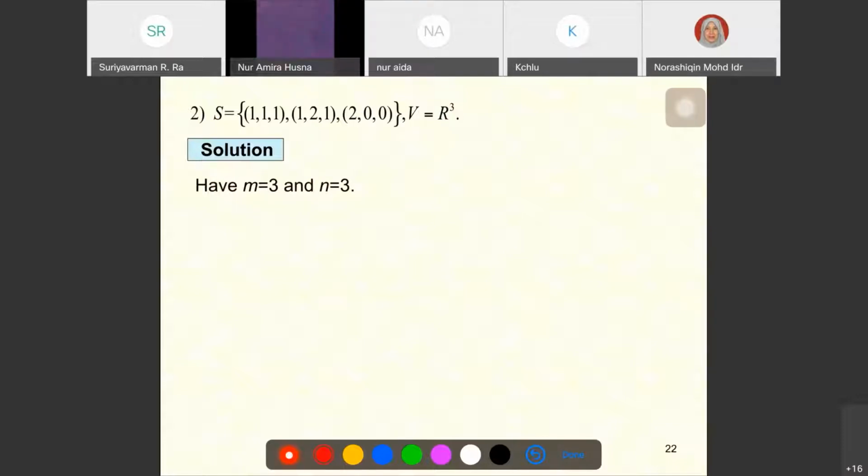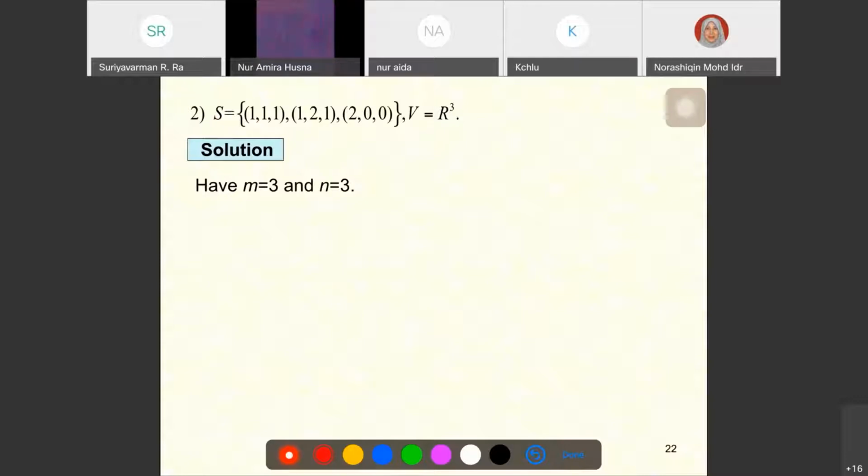Yes. What is the matrix, Surya? 1, 1, 1, 2, 1, 2, 0. Do you write it by row or by column? By row: 1, 1, 1, 1, 2, 1, 2, 0, 0.